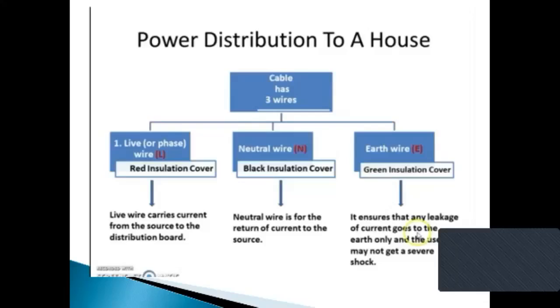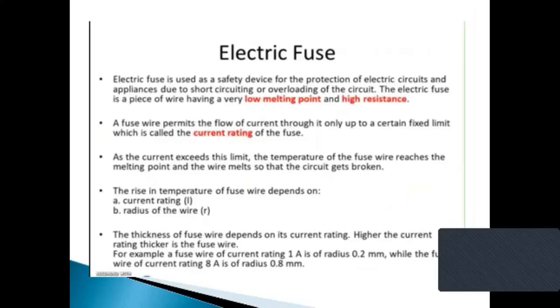Earthing wire ensures that any leakage of current goes to the earth only, so that we are safe from any kind of shock. It directly supplies the excess current to the earth and we become safe. So this is about live wire, neutral wire and earth wire.